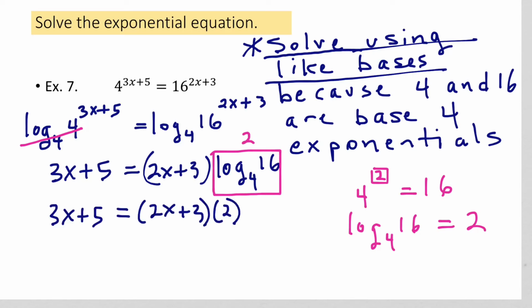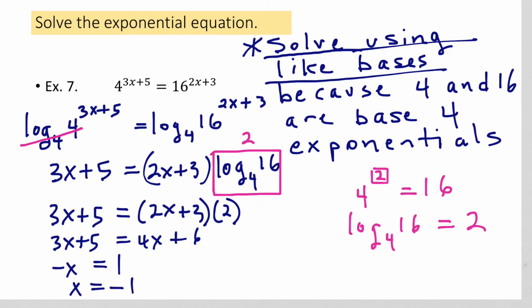All right, now it's just a linear equation that we can solve. So we can say 3x plus 5 is equal to 4x plus 6. Or let's bring the x's to the left. That would be negative x. Or I'll bring the numbers to the right. So that would be 1. So we can say x is equal to negative 1.